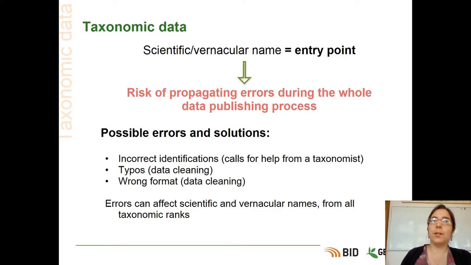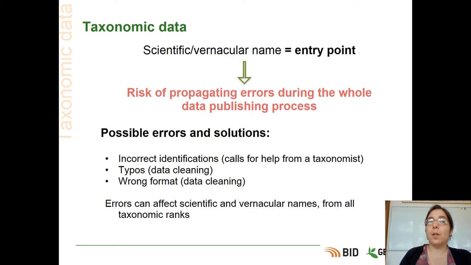So in the case of taxonomic data, scientific and/or vernacular names are the entry point to retrieve and to have access to the data. So the risk of propagating errors during the whole data publishing process is really great in the scientific or vernacular name. So below are listed some possible errors and solutions.